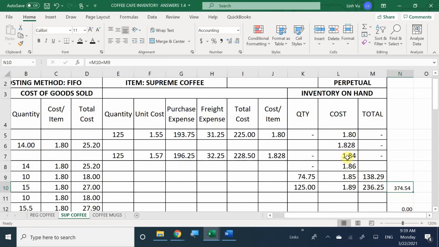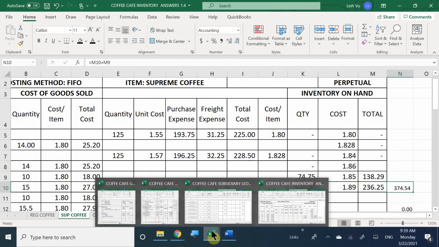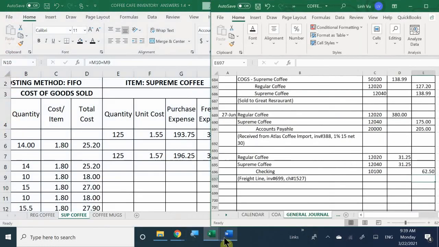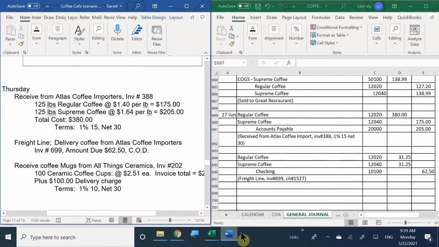Okay, what's next? Update our purchase orders. Let's do our purchase orders. Good.